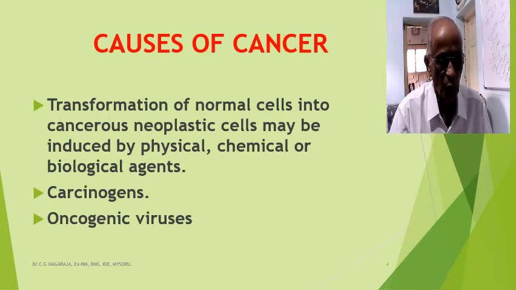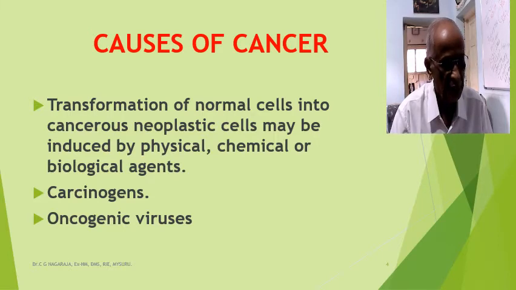So such old cells become abnormal cells, and these abnormal cells might develop into neoplastic cells, or it might be induced by some virus particles. There are certain viruses that may induce the growth of neoplastic cells, or physical damage to the DNA material, or chemical damage to the DNA material, or biological agents.